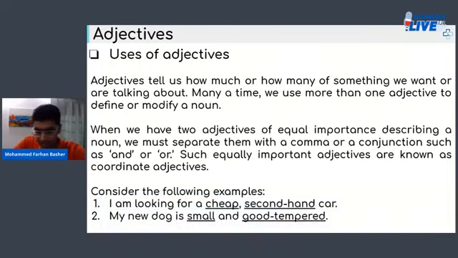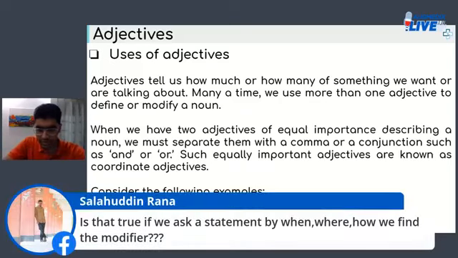Okay, so Aldin Rana says, is it true that if we ask a statement by when, where, how, we find the modifier? Coming back to you in a moment. All right. Is it true if we ask a statement by when, where, how, we find the modifier?